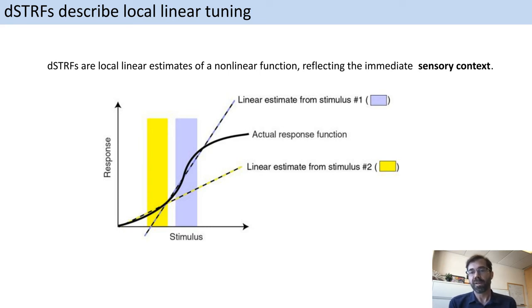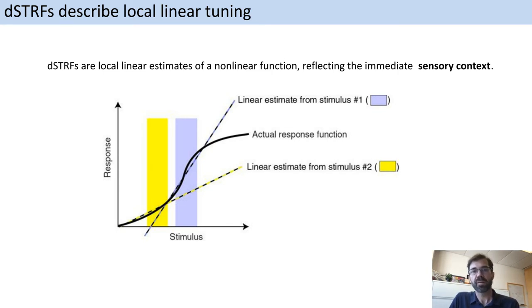That's a nonlinear function. And if we look at some small regime of stimulation, for instance, the yellow or the blue areas here, the performance within that regime can be approximated using a line. And so what we're doing when we compute a DSTRF is effectively fitting this locally linear model to the activity in this restricted sensory context.